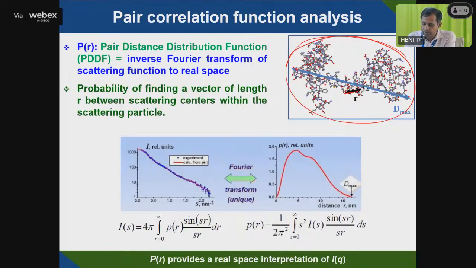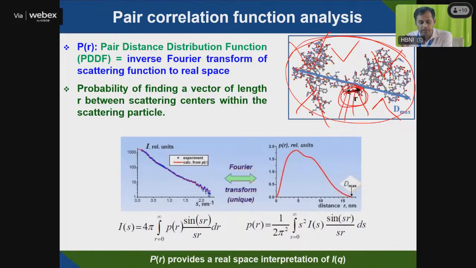If this is my vector, I am talking like for a protein, which is composed of many amino acids. I want to find out a particular amino acid, how that molecule is repeated in the whole structure. So the probability of finding that small vector r in the whole scattering length: the molecule can scatter from anywhere, so out of that, how much is scattering from my particular area of interest.